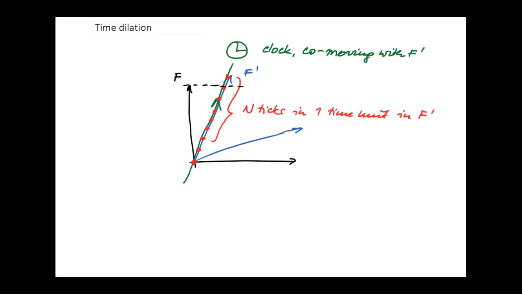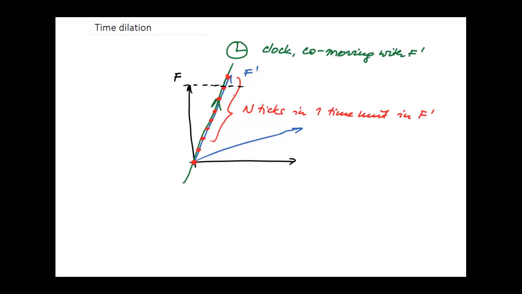So the way I just drew it, there's one tick less seen by the observer F, because this one time unit is over where I drew this horizontal dashed black line. These are all the events after one time unit in F. And now you just count the ticks on the world line of the clock up to this dashed line.